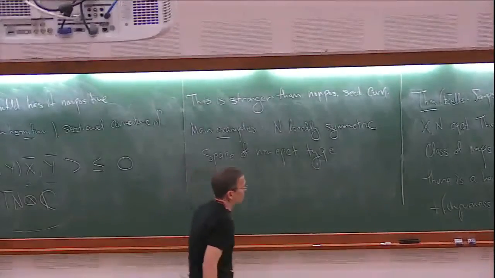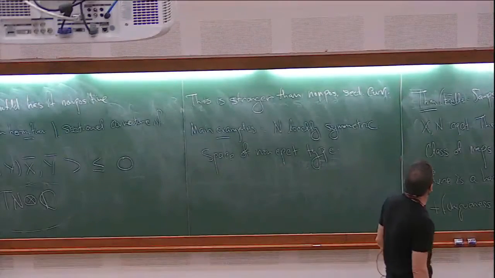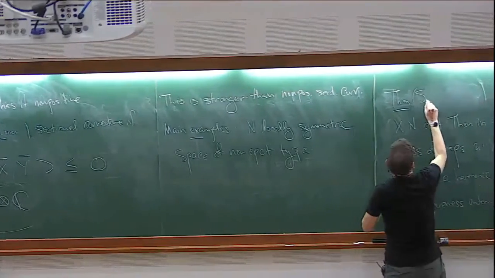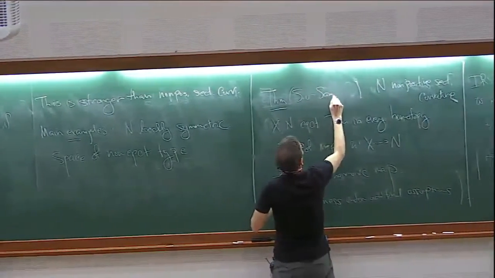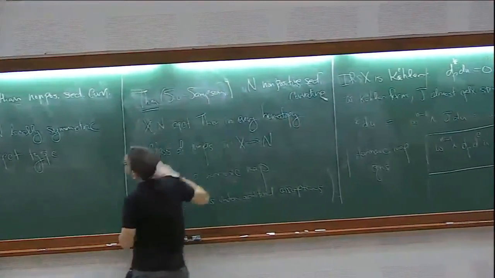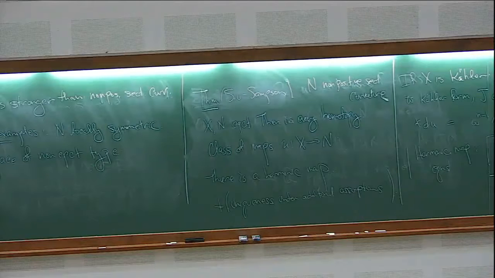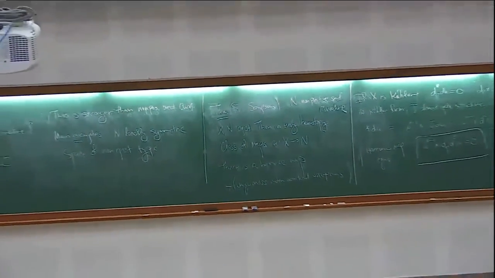Okay, so then what is the theorem? The theorem is due to Hsu and Simpson. Just a little bit of the history: Hsu introduced this notion when N was a Kaehler manifold, and Simpson noticed that you didn't really need Kaehler to have an interesting extra condition.